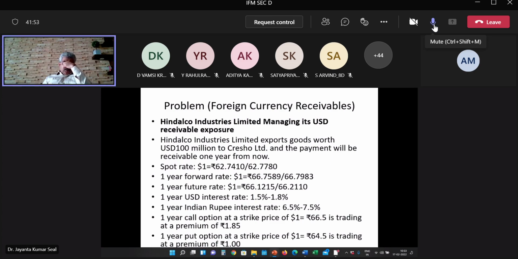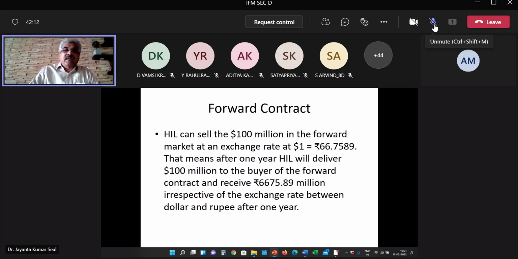So if it sells $100 million in the 1 year forward market, what will be the rate? Sorry, 66.7589. So Hindalco can sell $100 million in the forward market at an exchange rate of $1 equal to 66.7589.